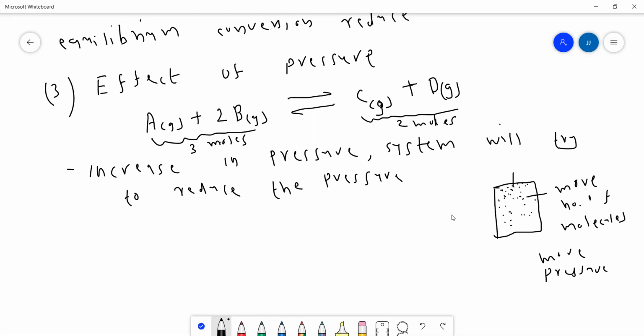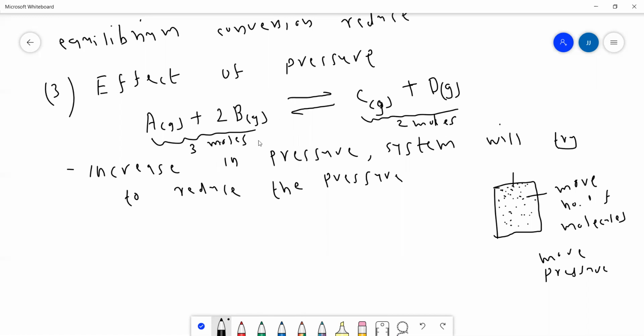All right, more pressure. If we increase the pressure, the system will try to reduce the pressure. Pressure is reduced when we have a smaller number of molecules. In the product side we have fewer moles as compared to the reactant.